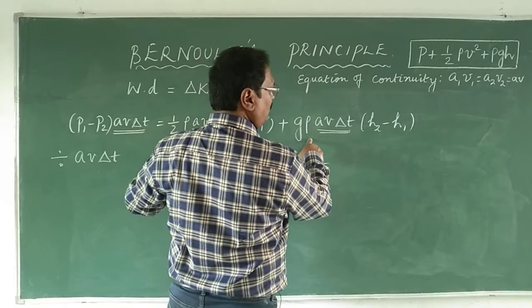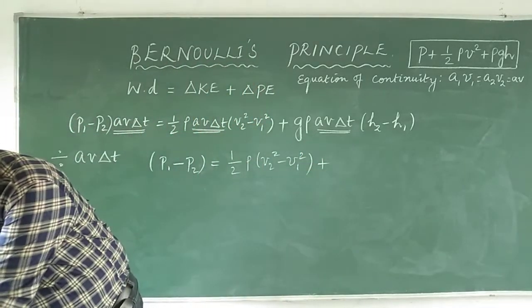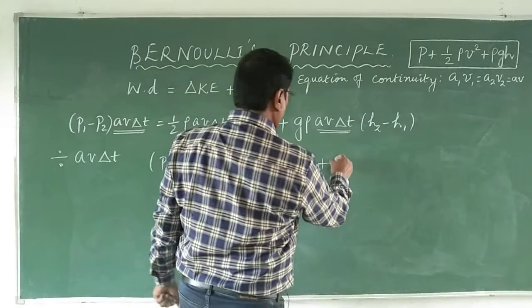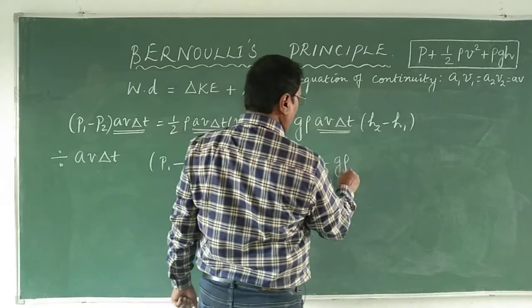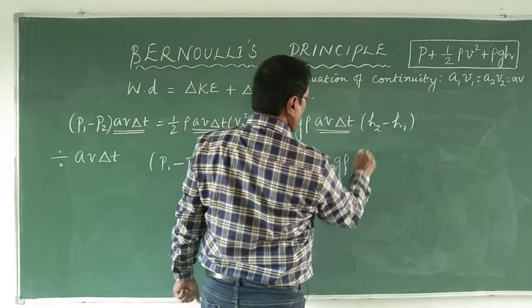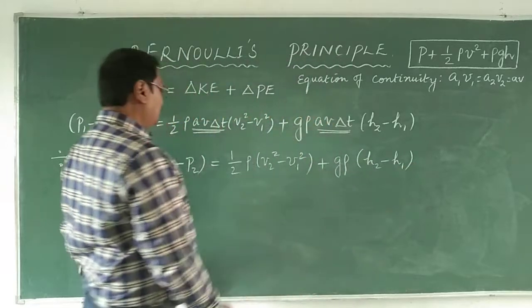Rho is there or not? Let me cross-check a little. Yes, rho is there. AV delta T is gone. H2 minus H1.